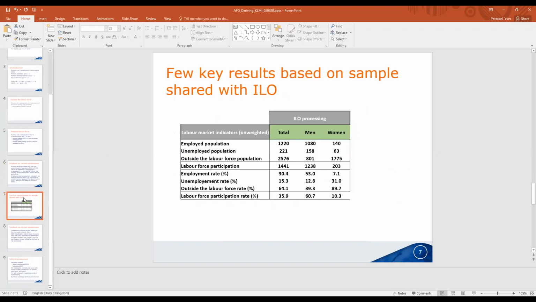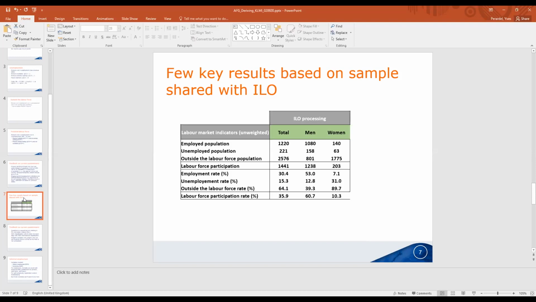Based on the sample microdata that you shared with us, and of course here I'm putting the results unweighted because it's not the full sample, the fieldwork was not finished, this is what we were getting if we were processing the indicators.